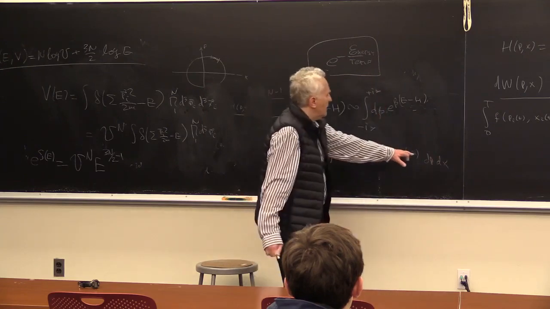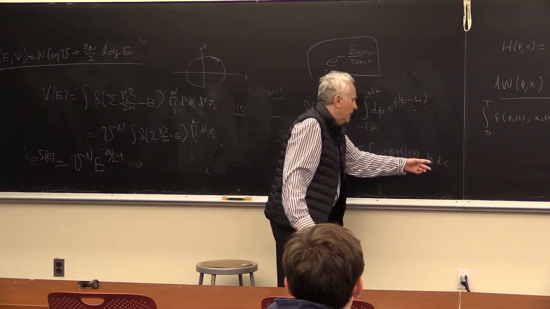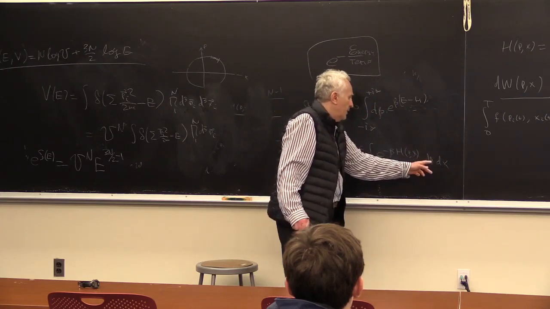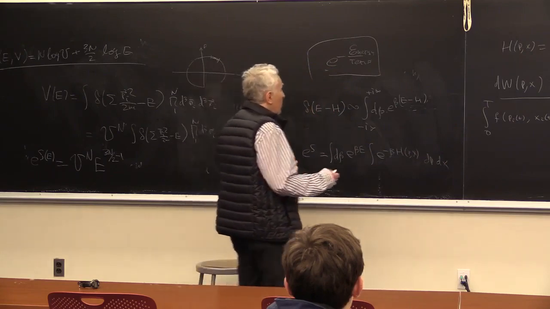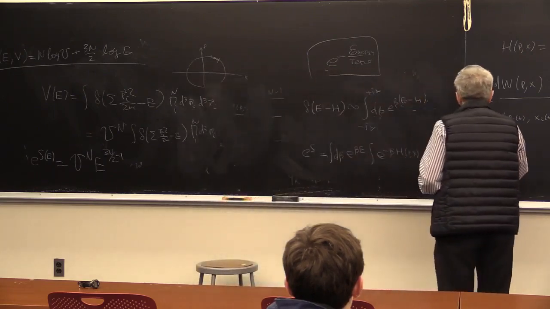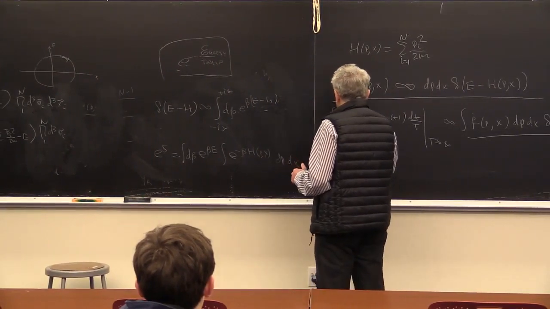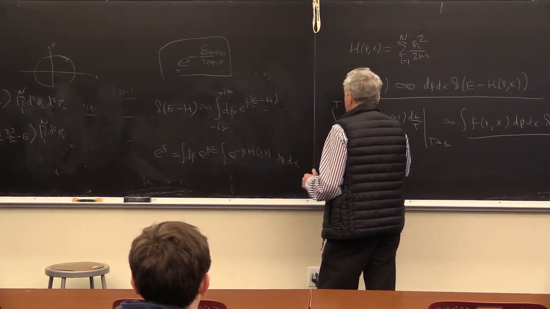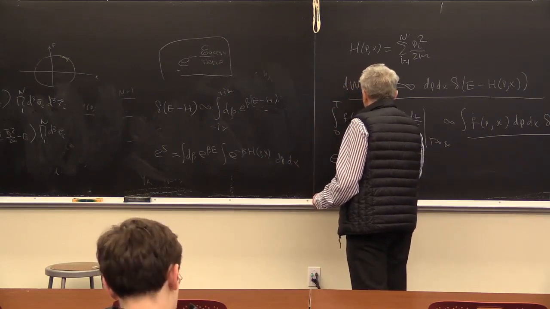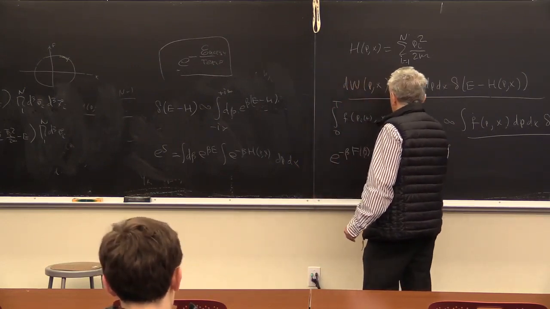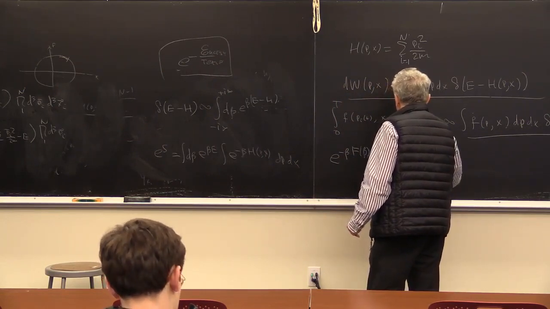I hope it's clear that when I don't write these indices, I mean them. There are 3n coordinates here. So let's introduce the function of beta, which is the integral of e to the minus beta H, dp dx.